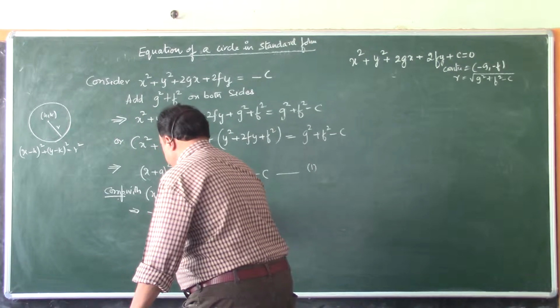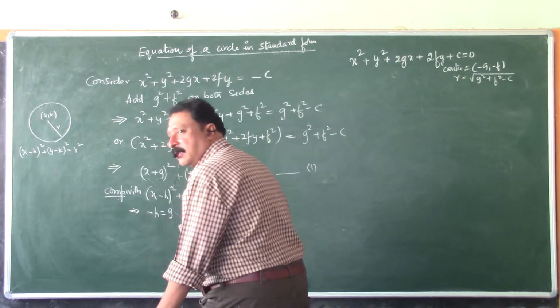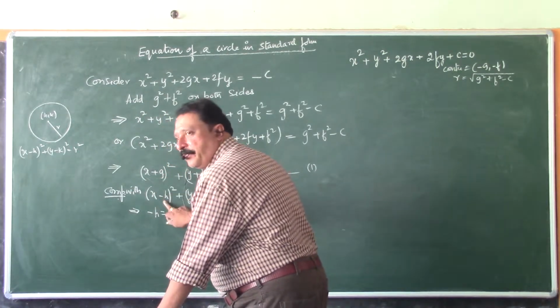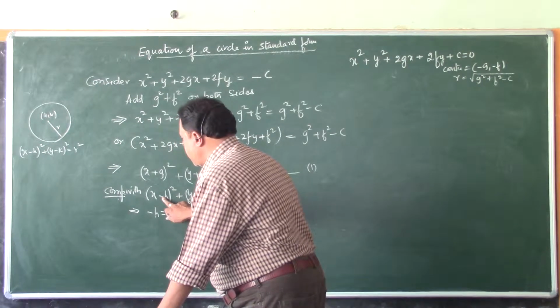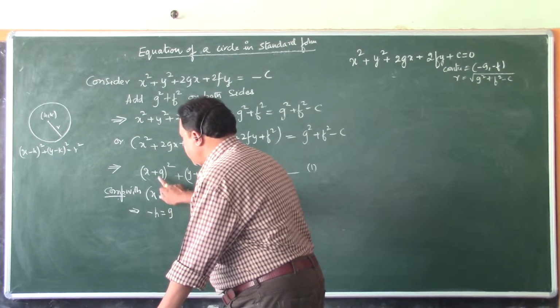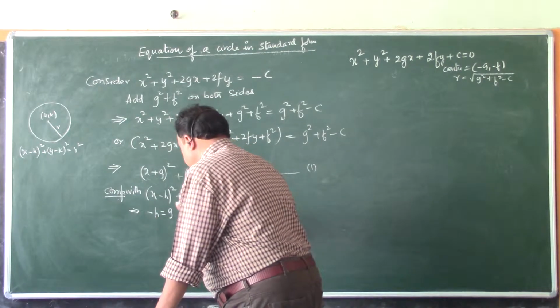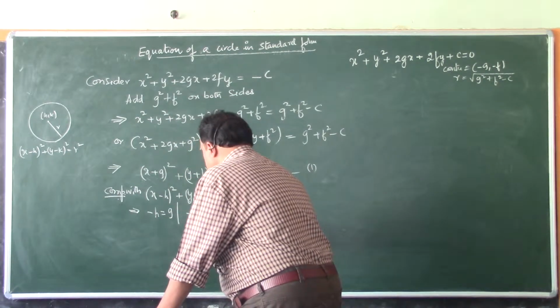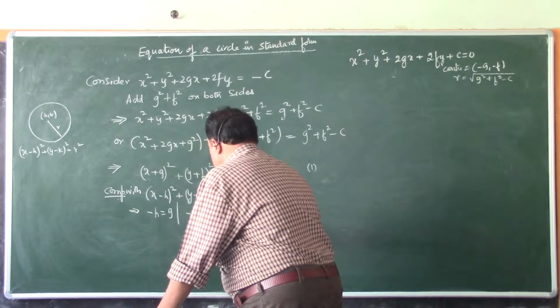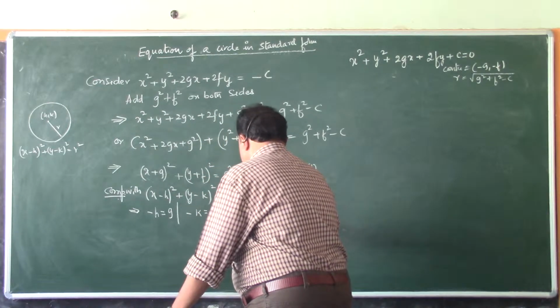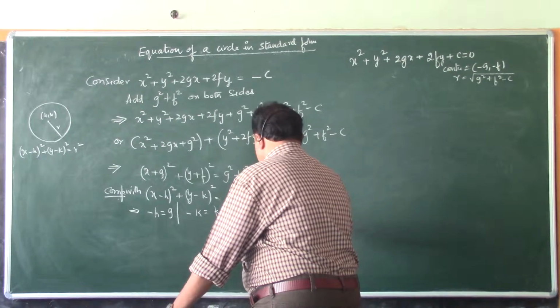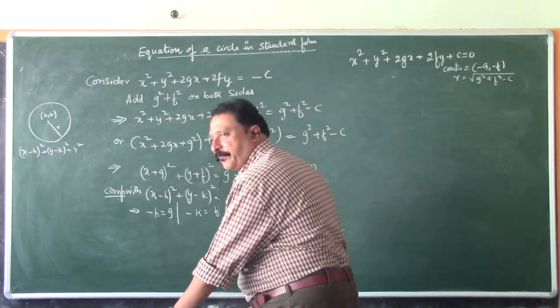Minus h should be equal to g. Compare these two terms: in place of minus h, g is present. So minus h should be equal to g, and minus k should be equal to f, and r square should be equal to g square plus f square minus c.